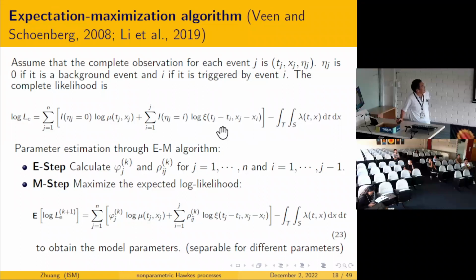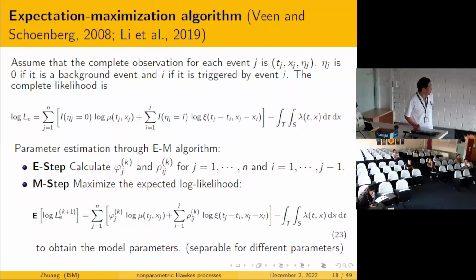The complete likelihood can be replaced by the expected likelihood given the probability of the configuration. So these rho and phi are just the probabilities conditioning on the whole observation. This holds for the simple Hawkes process, but not for the renewal Hawkes process.